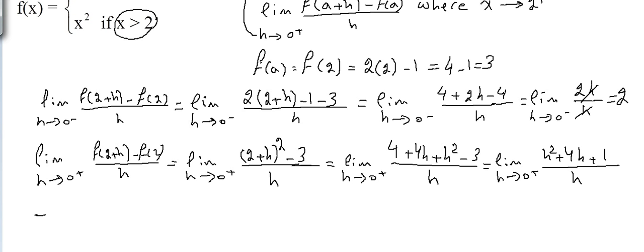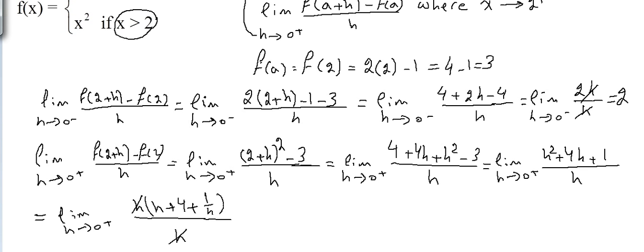To get rid of h, we take h common in the numerator. It will be h times h plus 4 plus 1 over h, over h. Can we simplify the h now? What is left is h plus 4 plus 1 over h. If we substitute 0, we get 0 plus 4 plus 1 over 0 plus. So 1 over 0 plus is plus infinity, plus 4, it's plus infinity.